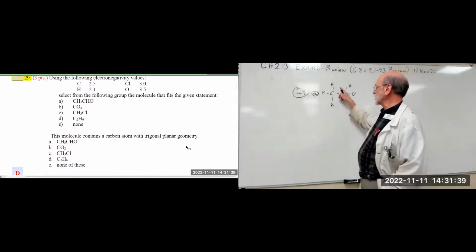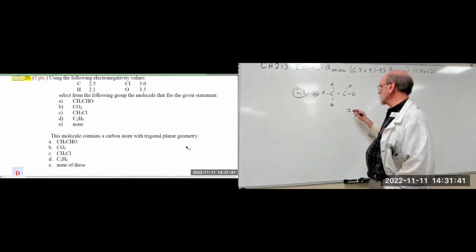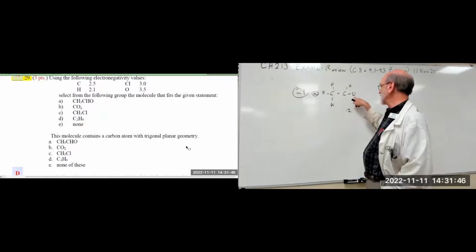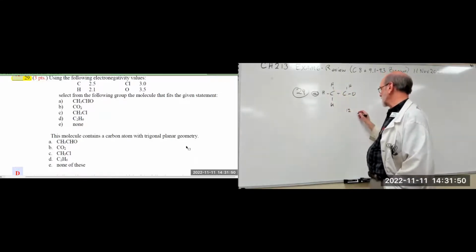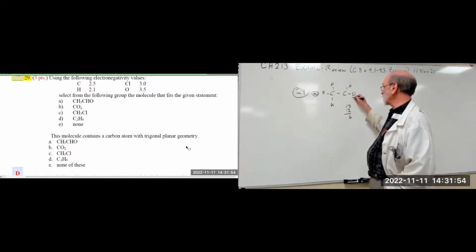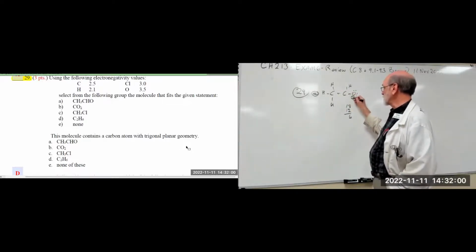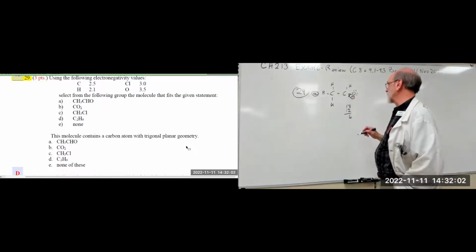So we have 2, 4, 6, 8, 10, 12 electrons used up, and then 14, 15, 16, 17, 18. So we have 18. That means we have 6 electrons left. 1, 2, 3, 4, 5, 6. There's an octet. This one just needs that pair to make an octet.